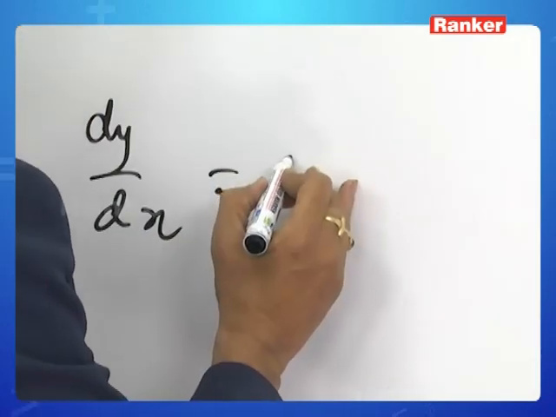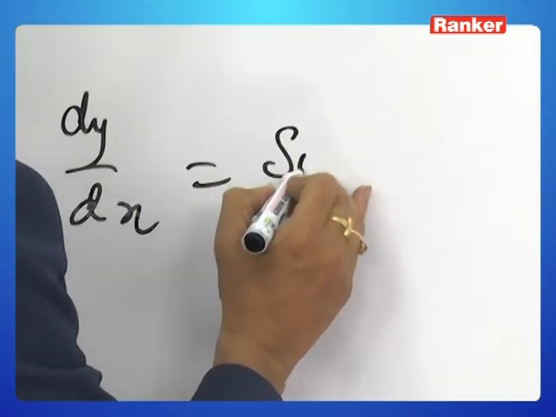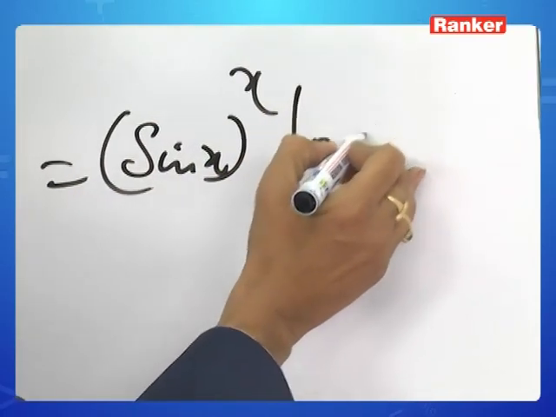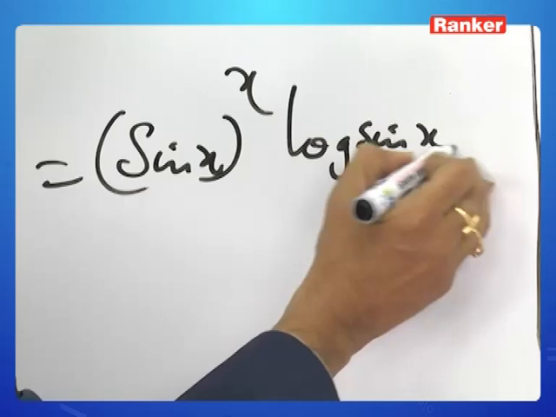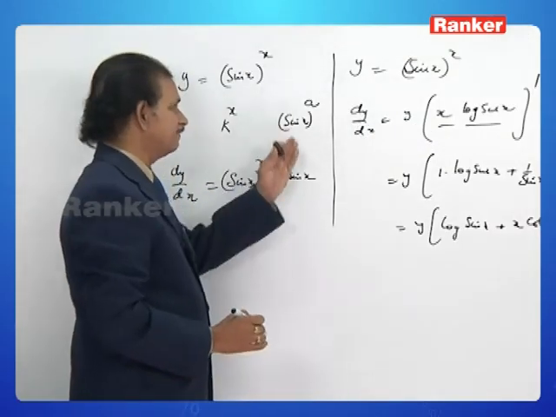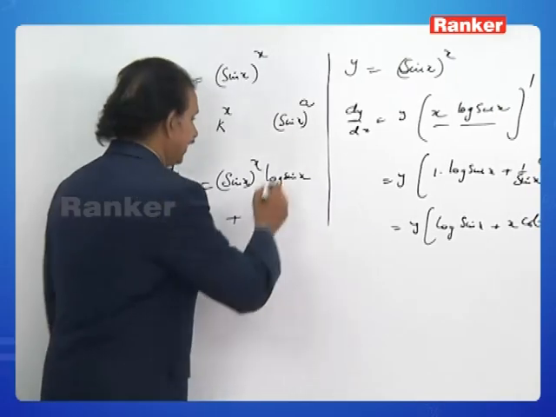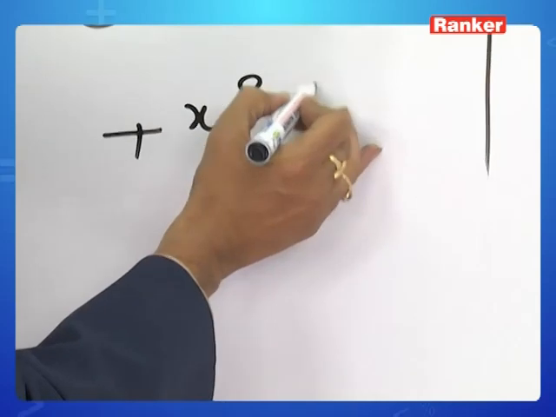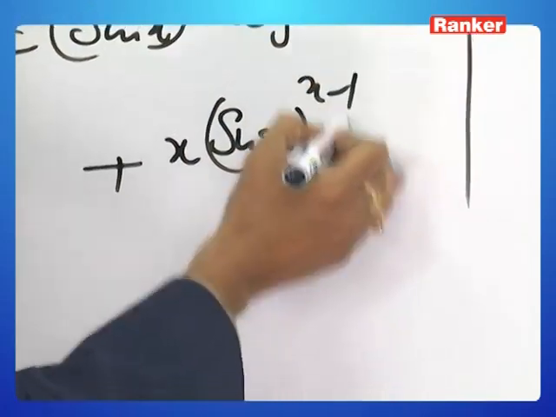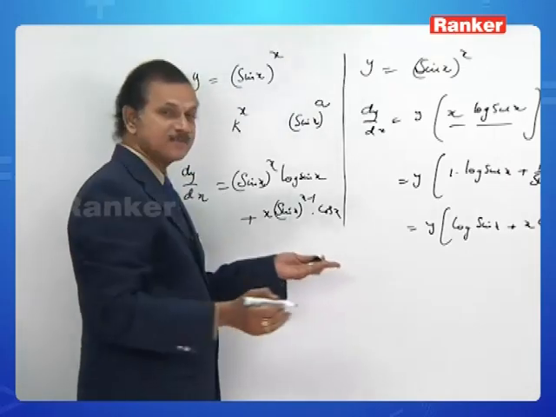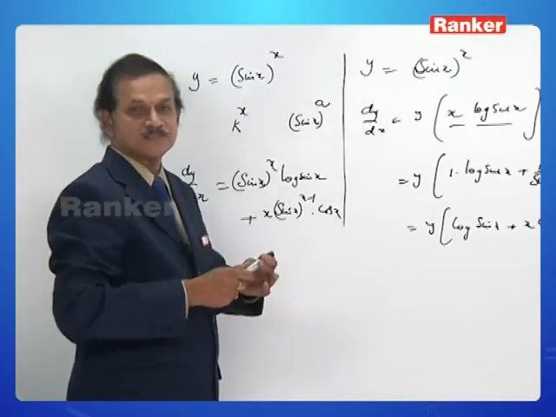That is, sin x power x into log sin x, plus for this, what is the derivative of sin x whole power a? It is a into sin x whole power a minus 1 into the derivative of sin x, which is cos x, with a being x. Another way of getting the answer.